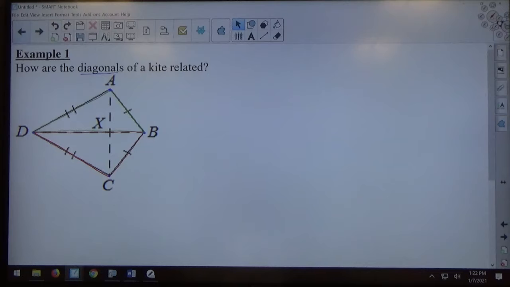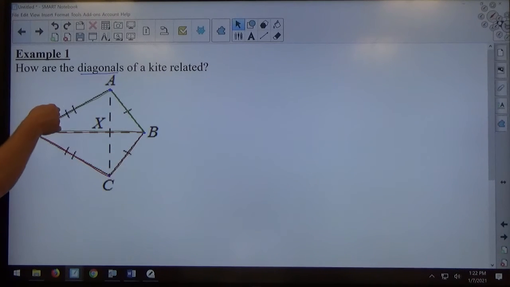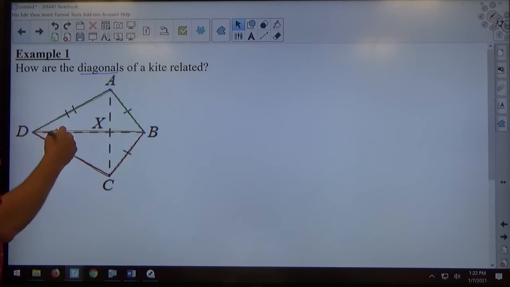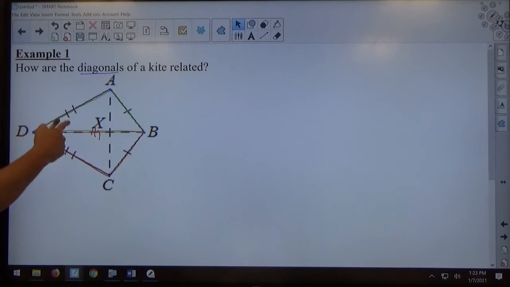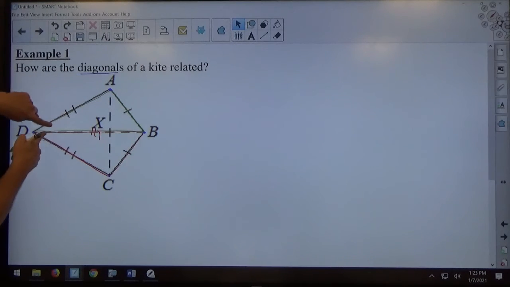Okay, given, since it's a kite, this side is the same as this side, and this side is the same as this side. By the reflexive property, BD is congruent to itself. Can we see that these two triangles are congruent to one another? Yeah. So just based on that alone, if these two triangles are congruent, that means all the corresponding parts of those triangles are congruent. These sides are congruent to each other, so we go across.